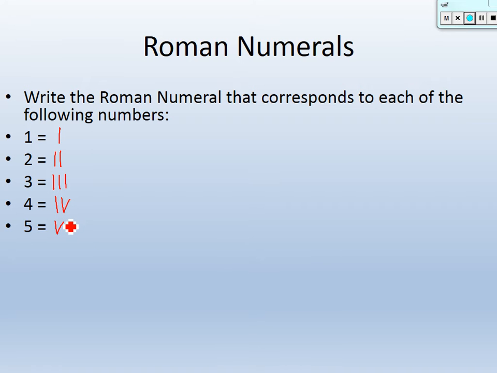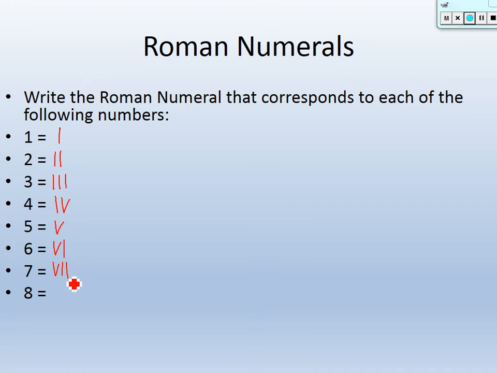How I always remembered this going through school is if 5 is V, 1 before 5 is 4. So 1 before the 5 is equal to 4, and the V is equal to 5. And so 6 is what? 6 is VI, so it's the 1 after 5. 7, what would it be?